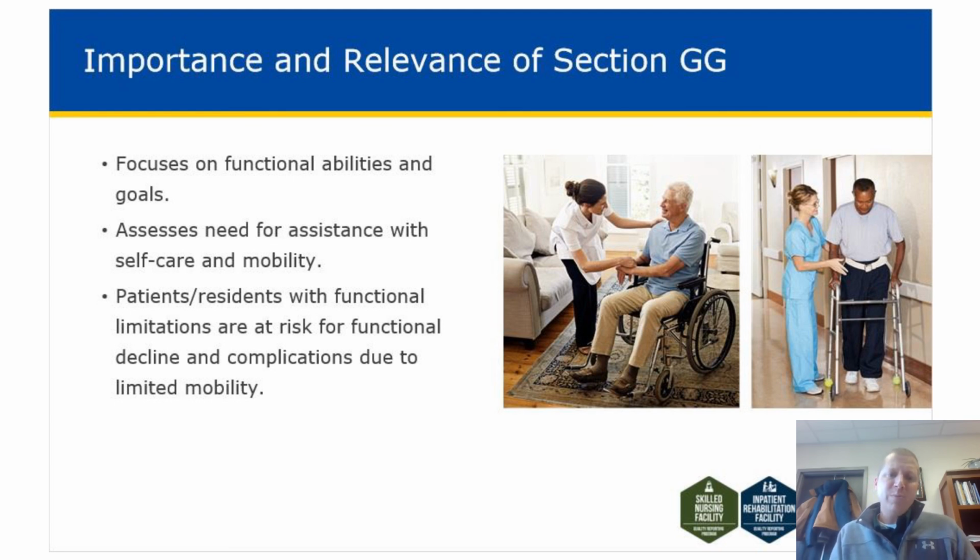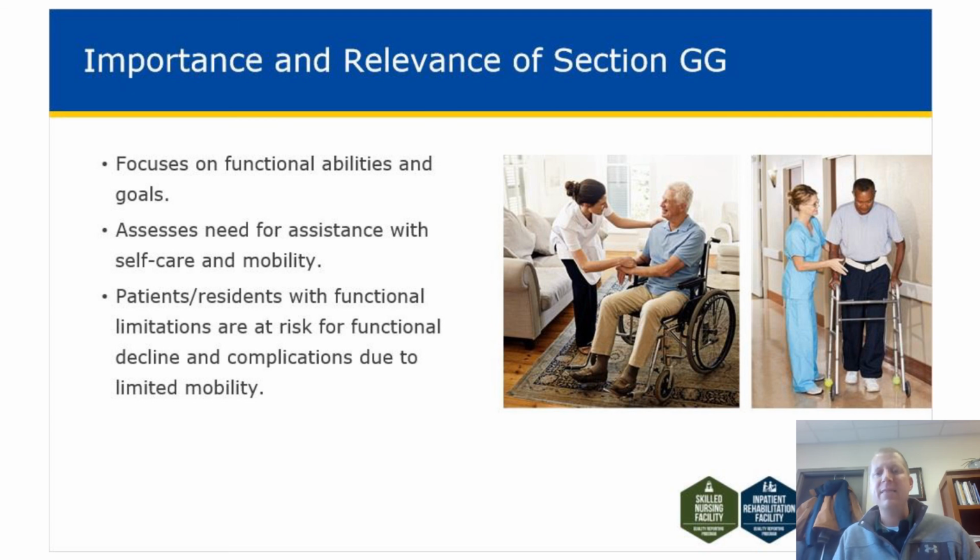And it really helps patients, residents with functional limitations because we can identify those people who need more levels of assistance. We can step in and provide more levels of intervention for them, which will help prevent further decline and complications due to limited mobility, right?